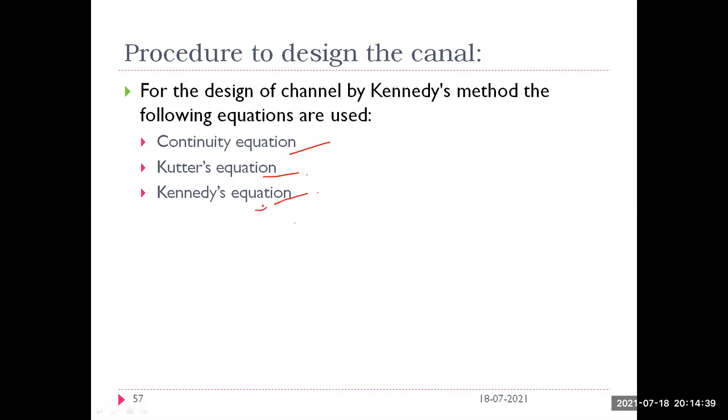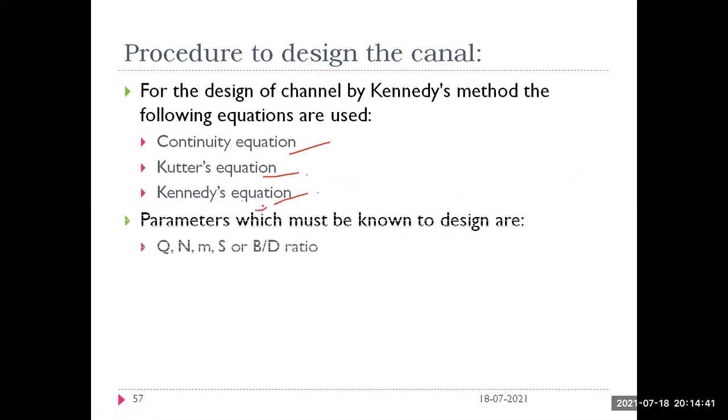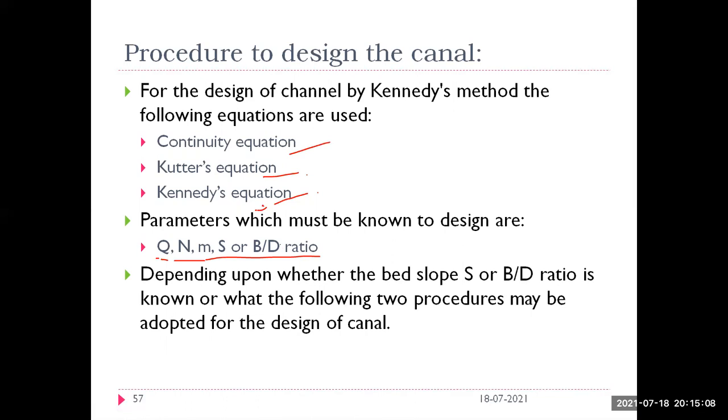These are the three equations used to design the canal. The parameters you should know are discharge, n, m, S or B by D ratio. Discharge, n is the side slope, m is the CVR, that is the critical velocity ratio, S is the bed slope, and B by D ratio is the width to depth ratio. These are the parameters you should know.